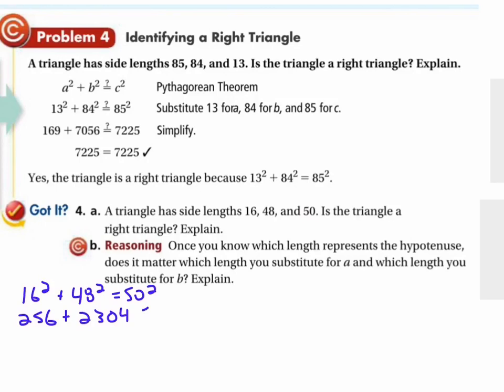And 50 squared, I actually don't need to check, I can do that in my head, is 2,500. And if you add these together, you get 2,560, which is not equal to 2,500.